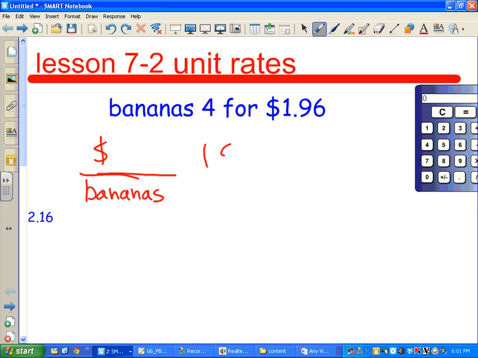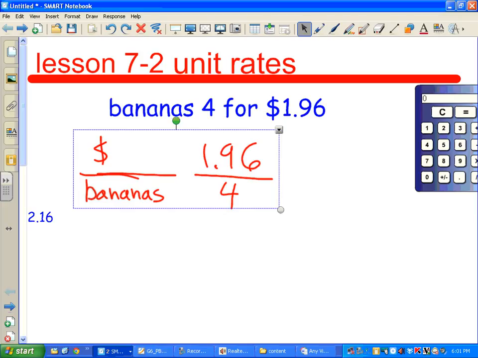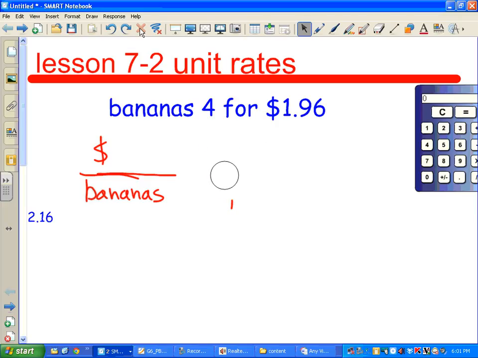Money costs $1.96. Right? 4 bananas. Okay. Actually, I might want to take that fraction and move that over. I wrote this wrong already. The money is $1.96 per 4 bananas. I want to know 1 banana.